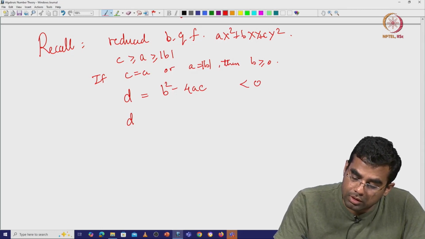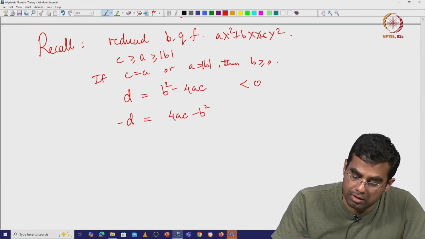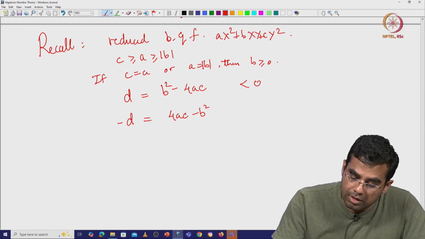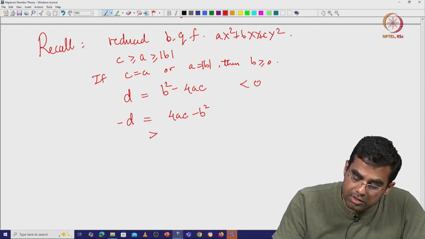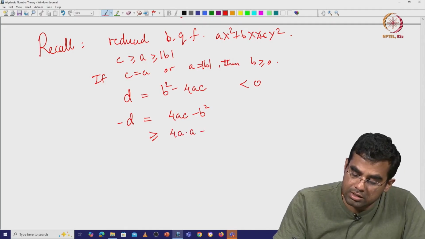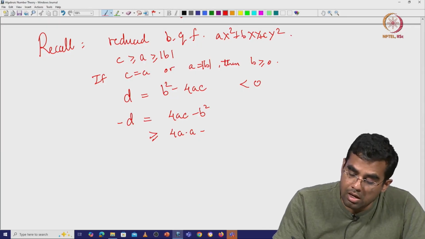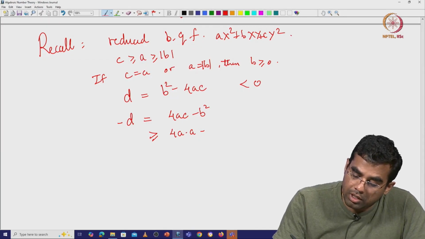Let me write minus d as 4ac minus b squared. If instead of c I put something smaller, then this is bigger than or equal to 4a times a, and if instead of mod b I put a, again I am making this smaller.